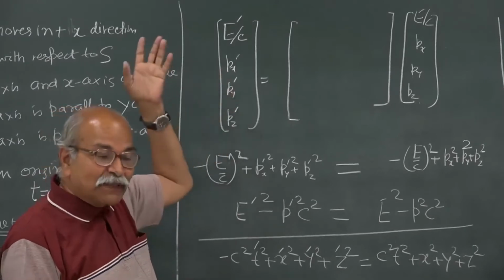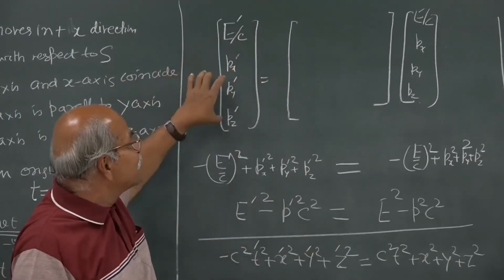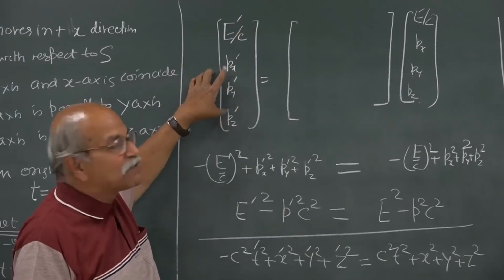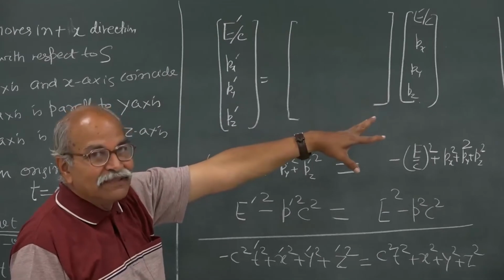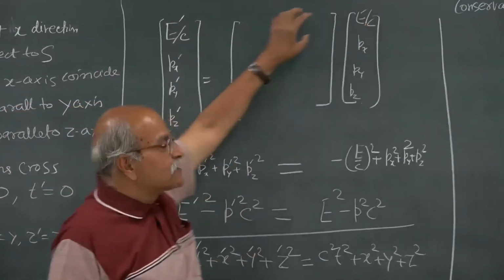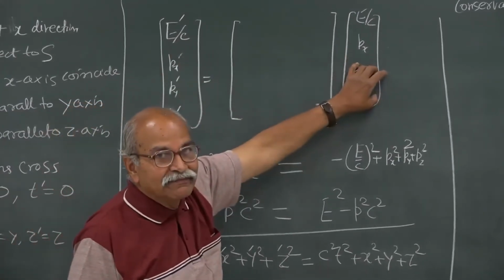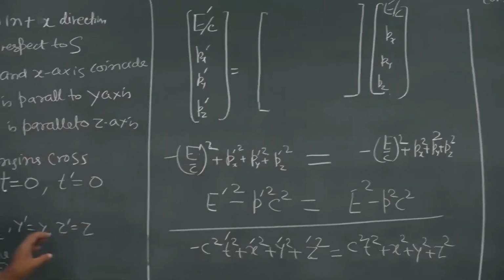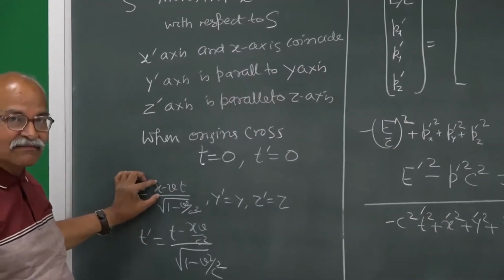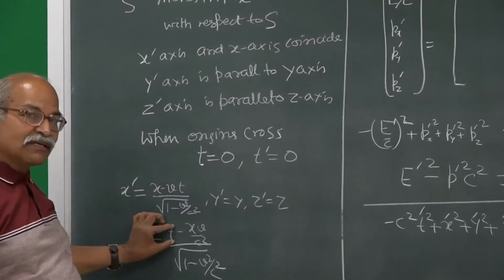So in one particular frame, yes, you have a separate existence of energy and a separate existence of linear momentum. But when you change to some other frame, this energy is not related solely to that energy, and this linear momentum is not related solely to that linear momentum, just like this position x is not related solely to that position x, or this time is not related to that time.